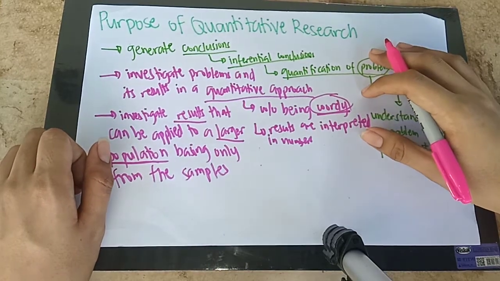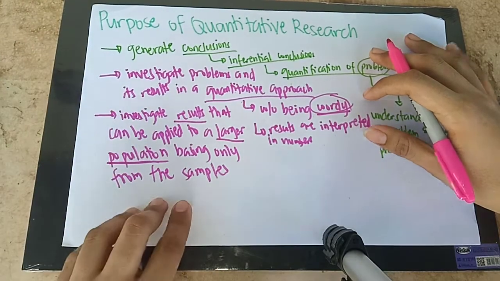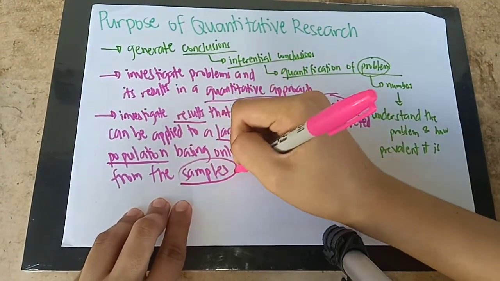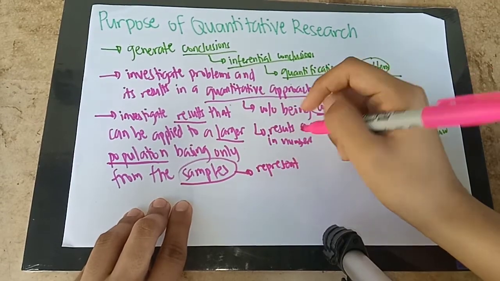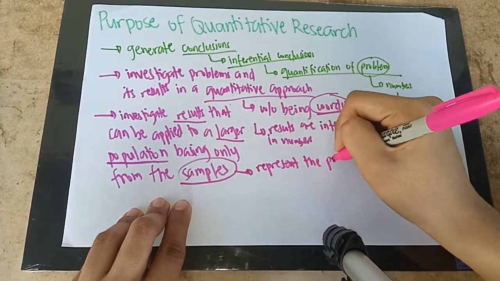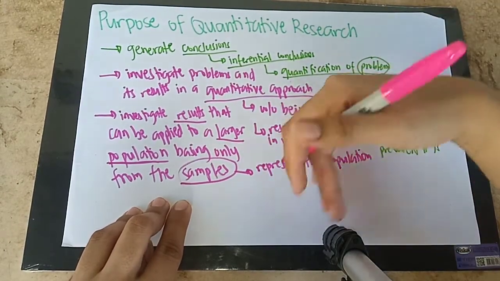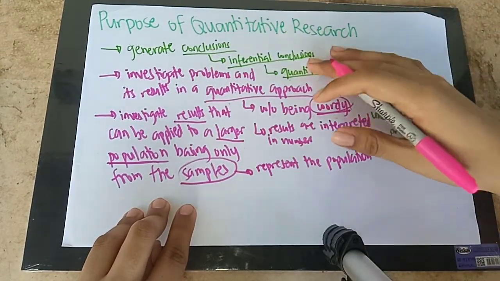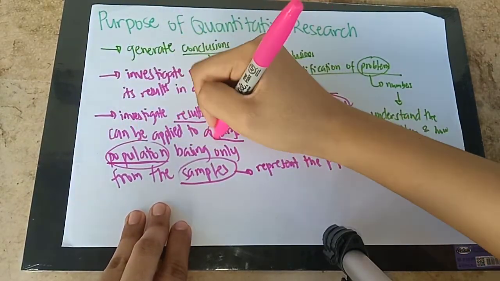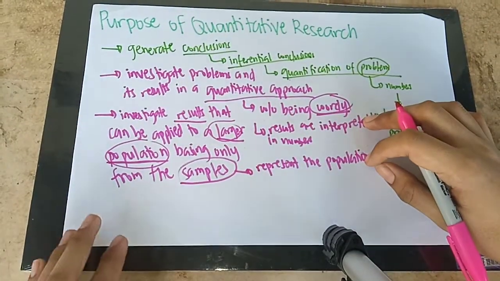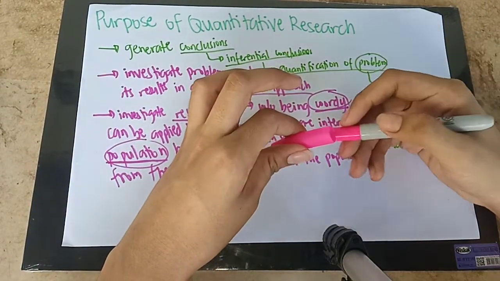As described in sampling methods, we only derive samples from a population. These samples represent the population. Now, if the quantitative research is only applied to the samples, it aims to find solutions that will also apply to the whole population, not only the samples. So, that is one purpose of quantitative research.